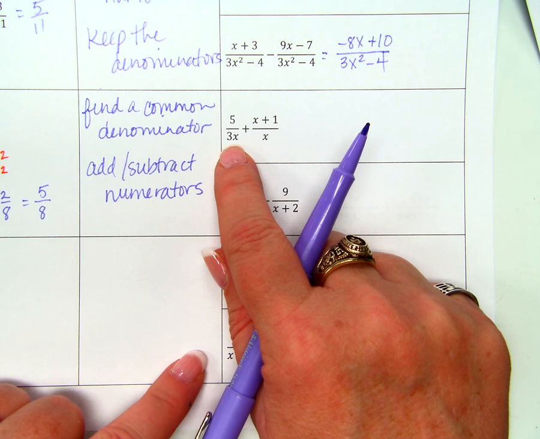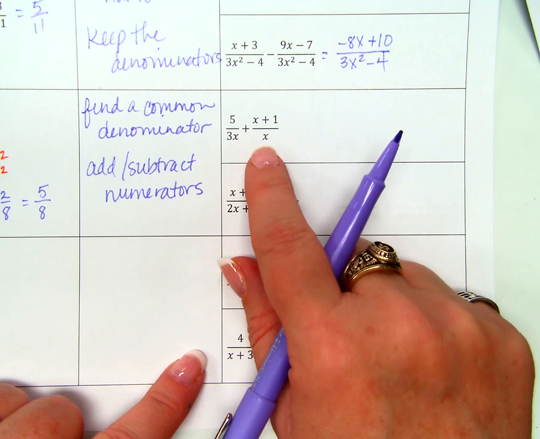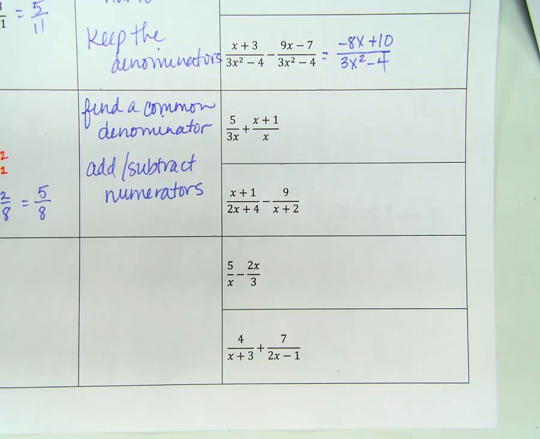If I multiply by 1, it's a 3x. If you think it's 3, what do I have to multiply this by to make it become 3? So is 3 our correct common denominator? No. It's not going to be smaller than any denominator we already have. So what would be our common denominator?